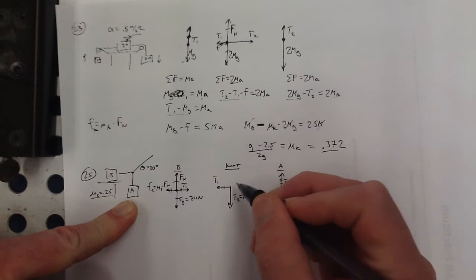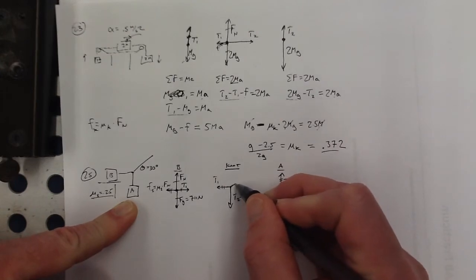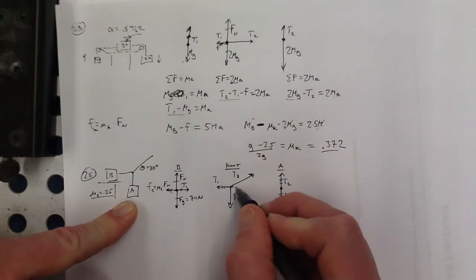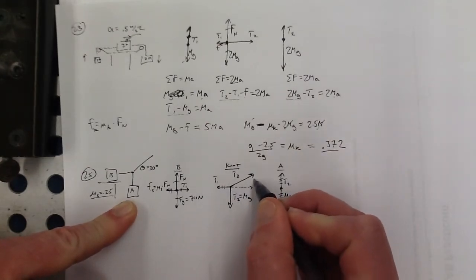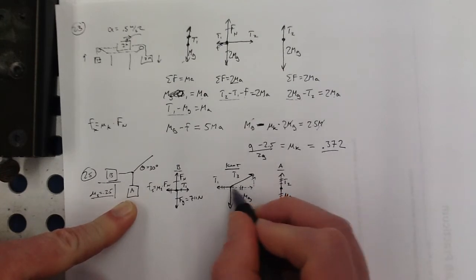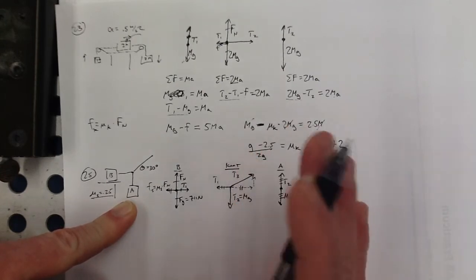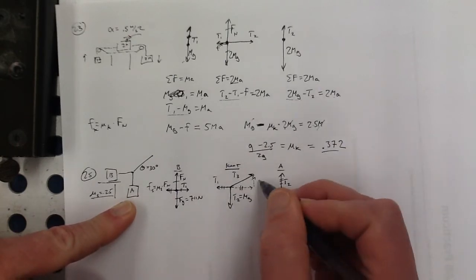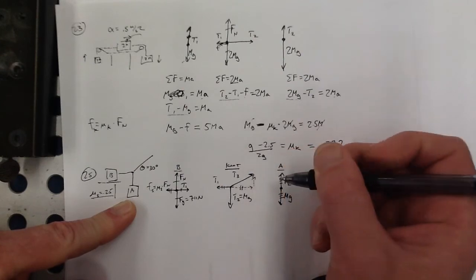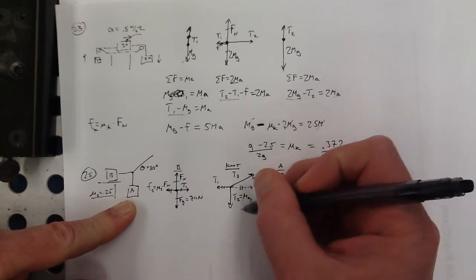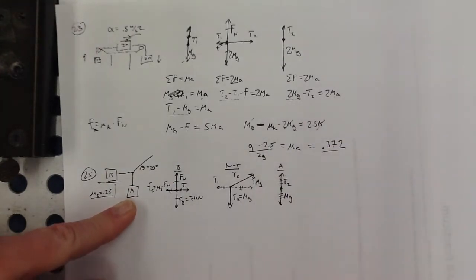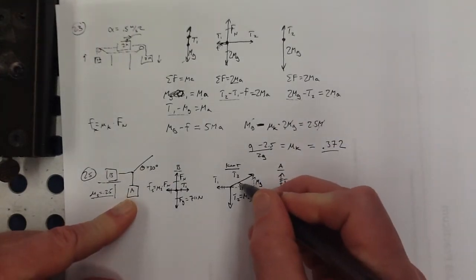And then there's T3 this way, and this would have to be equal to that T1, right? Because everything's balanced. And then this right here would have to be equal to the T2, that mg, and this is 30 degrees.